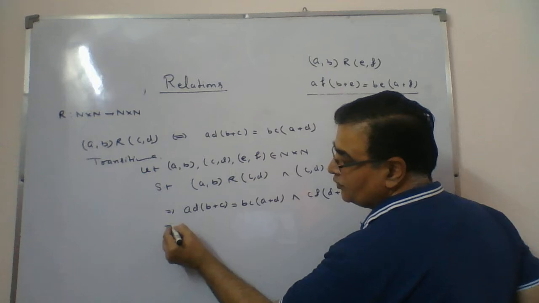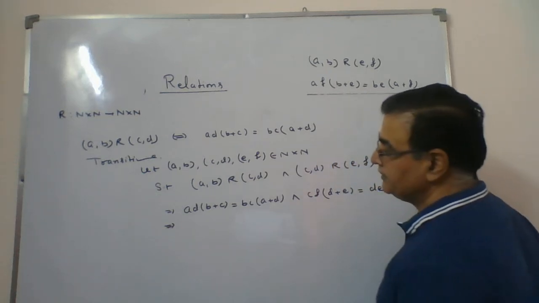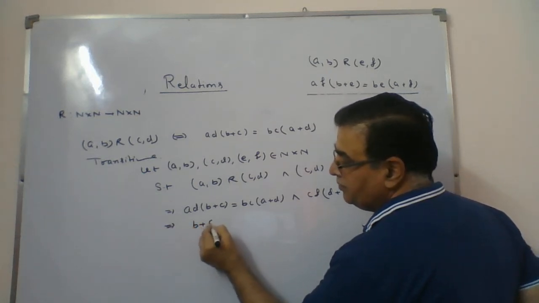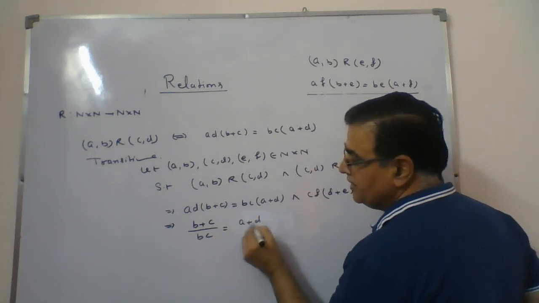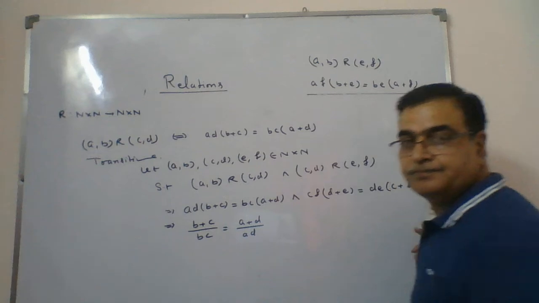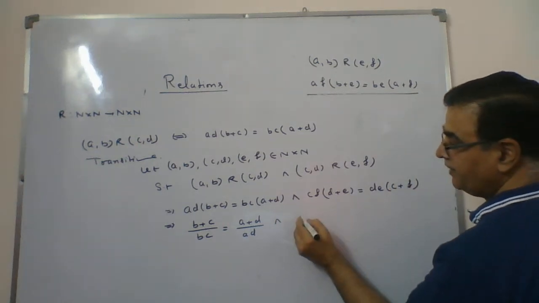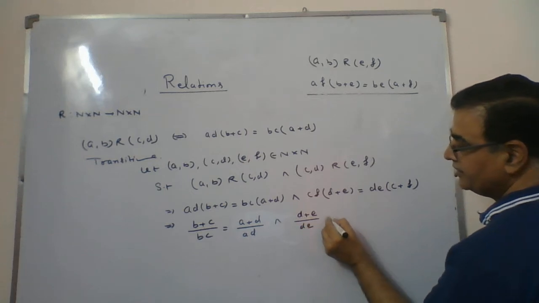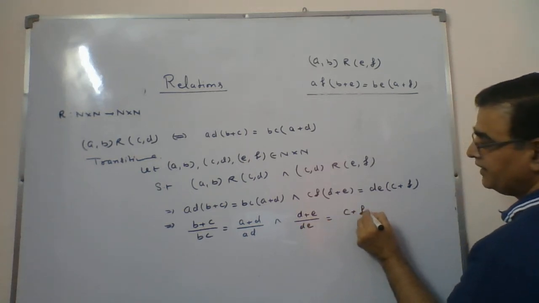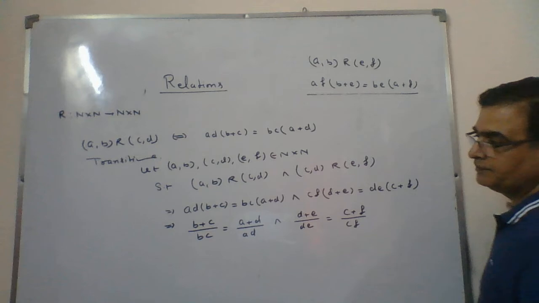The best way to do this question is we'll separate the variables. How we do it, just check. B plus C by BC, I write as A plus D by AD. And at the same time, D plus E by DE will be C plus F by CF.